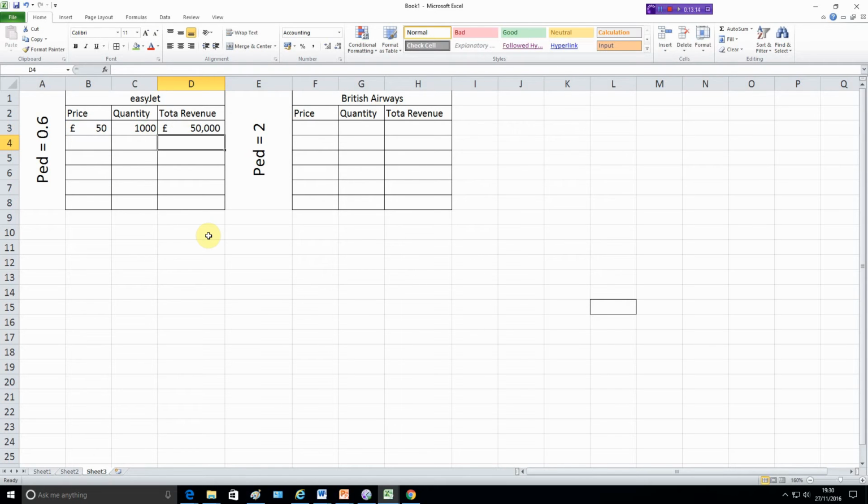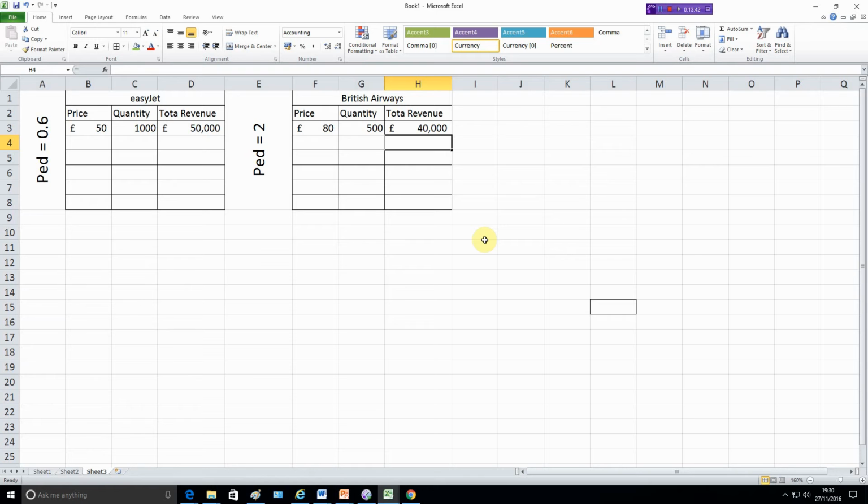50,000. Okay. British Airways, on the same route, charges, let's say, £80 and sells 500 seats. And makes a revenue of 80 times 500, which is £40,000.